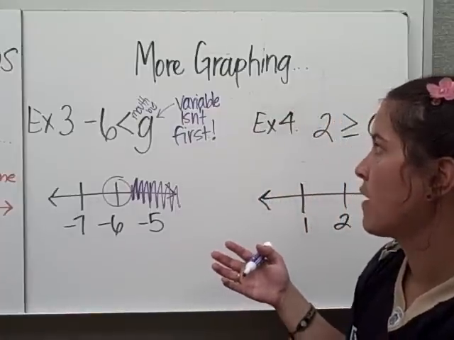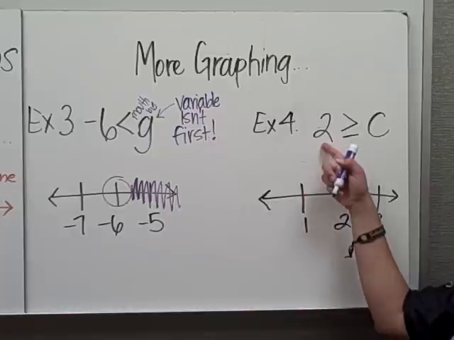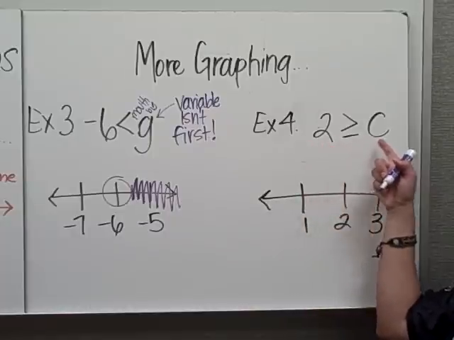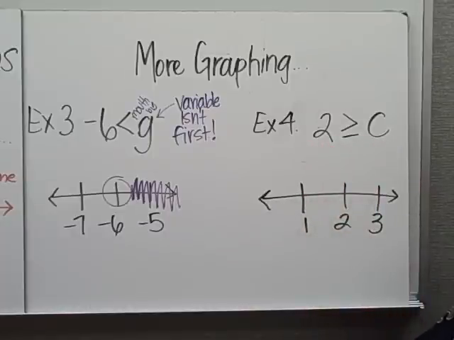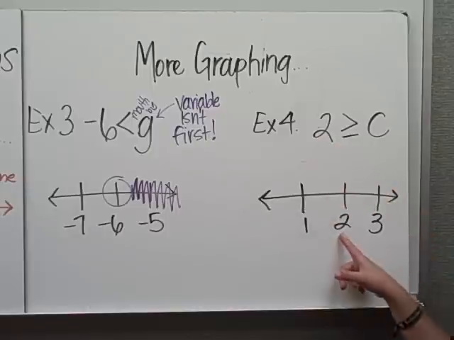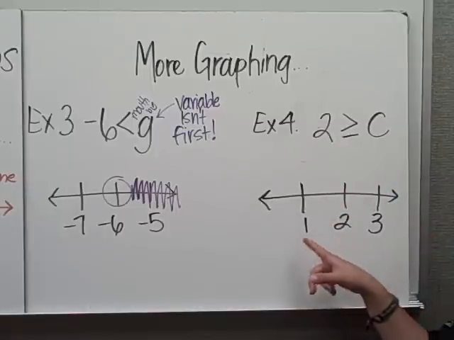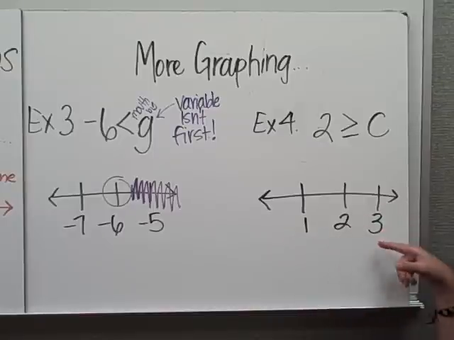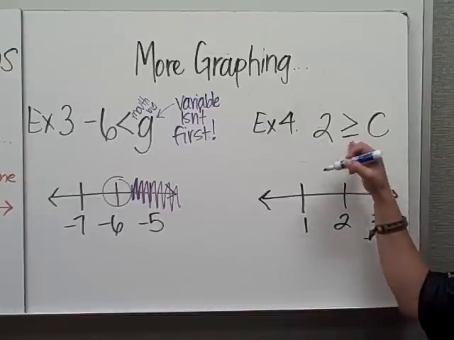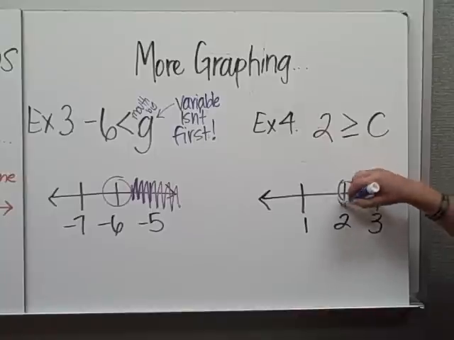Example 4, 2 is greater than or equal to c. Because it's 2, 2 goes in the middle, and then you have 1 and 3, so 1, 2, and 3. Since it has this equal to, that means it's going to be a closed circle.